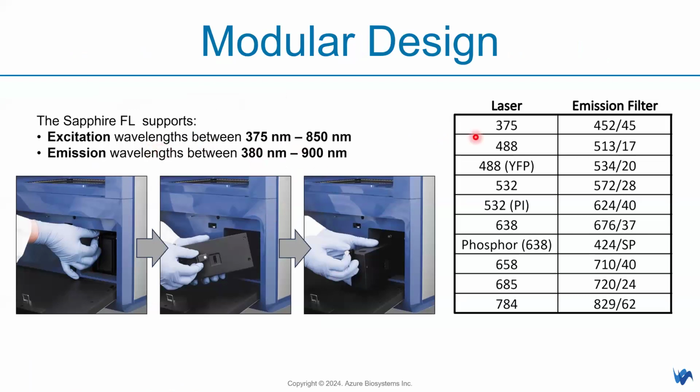You can see the laser and emission filter pairings that we listed here, all ready for you to select. We have the laser at 375, the normal 488 channel, 532, like Cy2, Cy3, Cy5, and then near infrared channels.